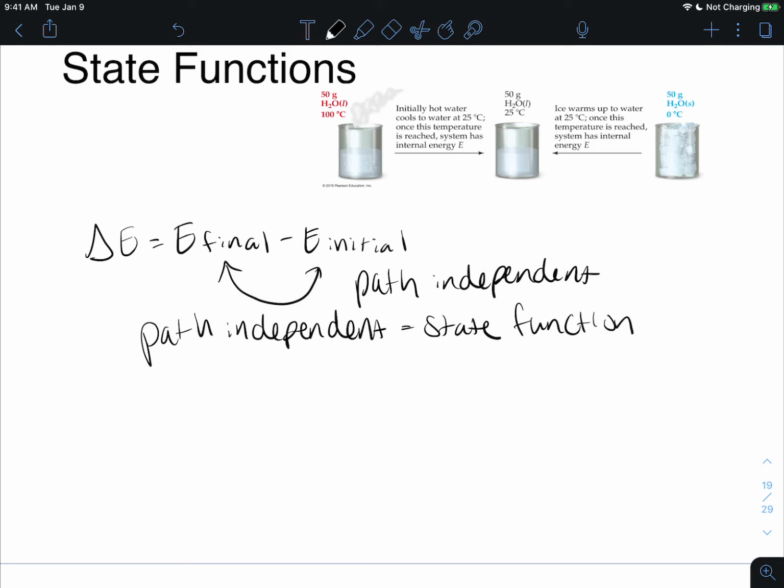Okay? For instance, if we have water temperature at 25 degrees Celsius, it's going to have the same energy no matter how we heated that water, or if we cooled that water, right? It's still going to have the same kinetic energy, and it's still going to have the same internal energy. So it does not matter how we prepared that state. It just depends on the energy of that state at that moment.